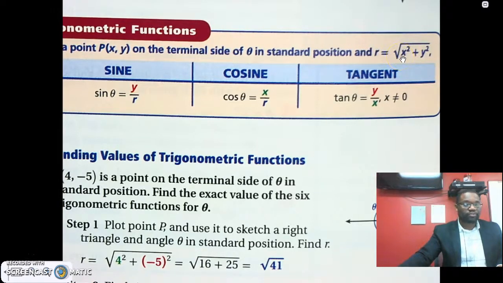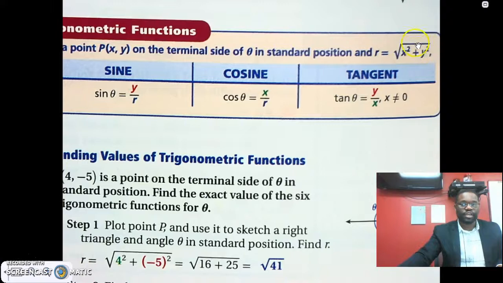But what you'll find out on the unit circle over and over again is that the radius is always 1. So we don't need to know this formula right here, because it's always 1 right there. This may come up sometime or another, but whenever we're working with the unit circle, our radius is always 1. Just wanted to put that in there. You might want to just have that formula in your notes.